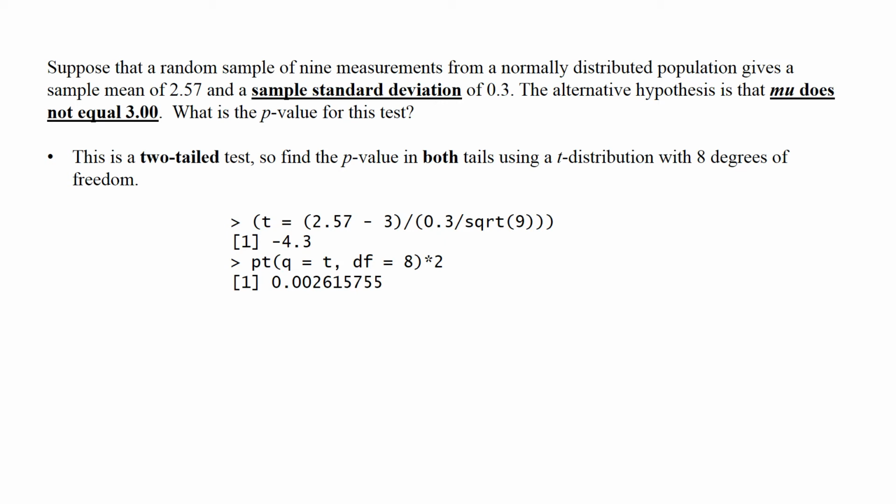The pt function, with q equaling minus 4.3 with 8 degrees of freedom, gave me the lower tail area by default. I multiplied this area by 2 in order to find the two-tailed area of 0.0026. This is a low p-value, and you would reject the null hypothesis.